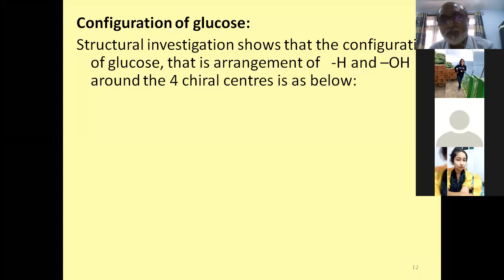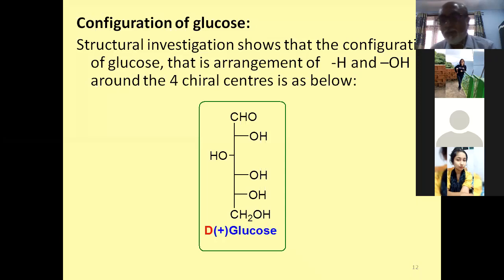So at that time this investigation was done, and they took quite a pain to arrive at this configuration. It was investigated and ultimately found to have this configuration, which we know.